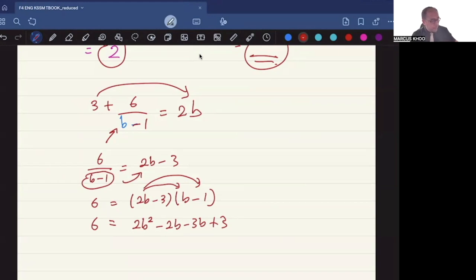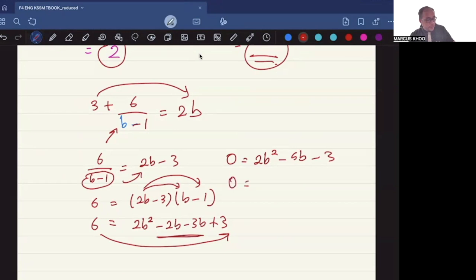But before factorizing, move the 6 across. You're going to get 2B squared minus 2B minus 3B, which is minus 5B. Then plus 3 minus 6 will give you minus 3, equals 0. And so when you factorize this, you'll get 2B and B over here.